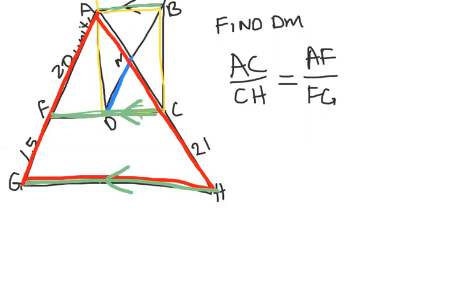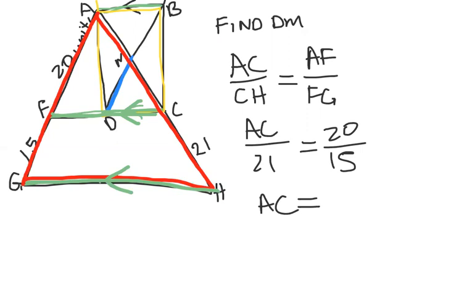Once you have that right, then your whole sum will be right. That's the most difficult part, to see the proportions in a diagram. So CH is 21, AF is 20, FG is 15. Now you can just do the maths to work out AC. 21 times 20 divided by 15, and I get 28. So AC is equal to 28.